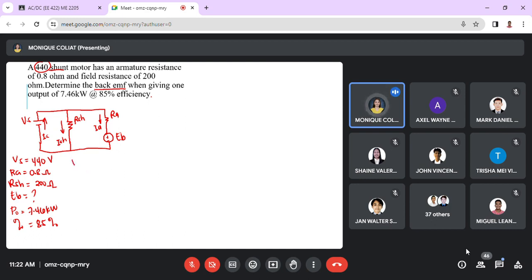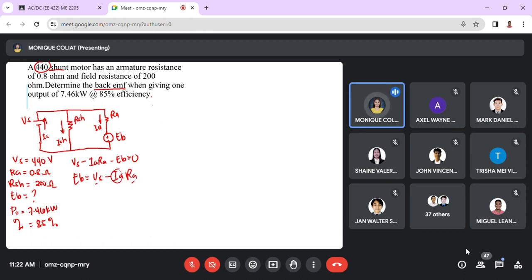Okay. So, back EMF, let's get its equation. We have VS minus, in the outer loop, IA RA minus EB equals 0. So, that will be EB is equal to VS minus IA RA. We have VS, we have RA, we have to get IA.